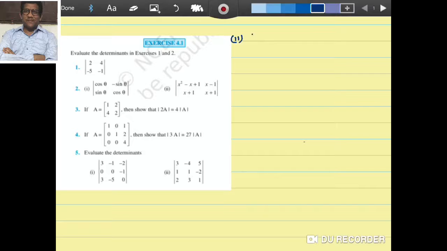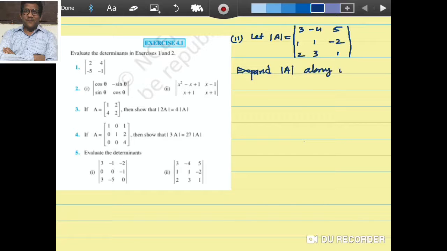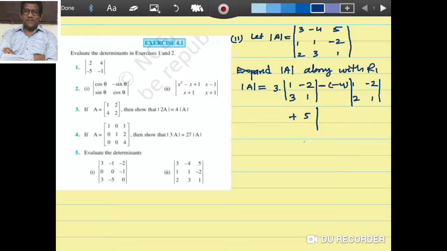Second part, let us expand along row 1. 3 into the determinant obtained by deleting row 1 and column 1, 1 3 minus 2 1, and then minus 4 into the determinant obtained by deleting first row, second column, 1 2 minus 2 1, plus 5 into the determinant obtained by deleting first row, third column, 1 2 1 3.